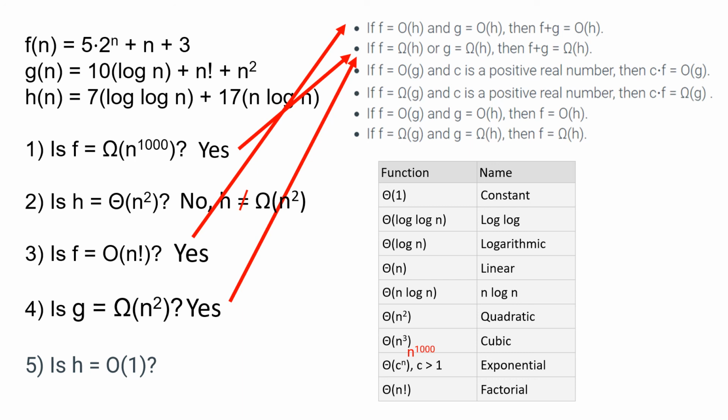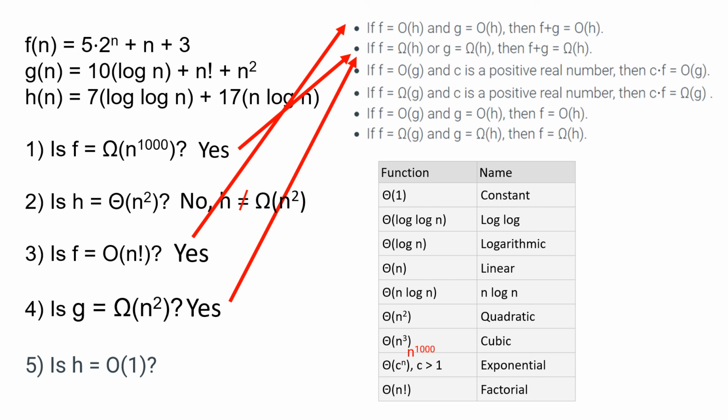And yes, n factorial grows quicker than n squared. Not all of them are omega n squared, but only one of them has to be, based on this second rule. So we add those together and we know that the sum would be omega of n squared.